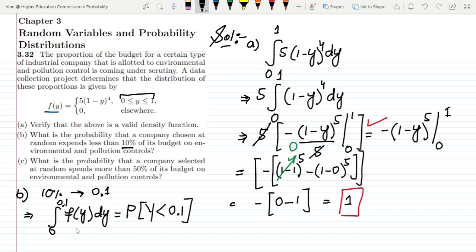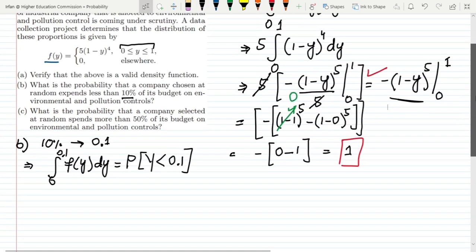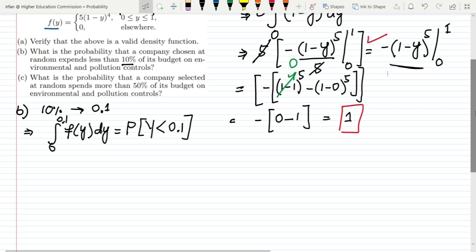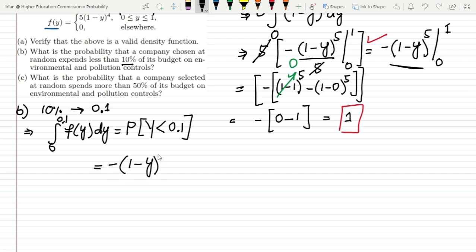Now I have to find it out, and previously we have seen the formula when integrating over the range from 0 to 1. Writing the same formula in the range of 0 to 0.1, I can write minus (1 minus y)^5, and the ranges here are 0 and 0.1.